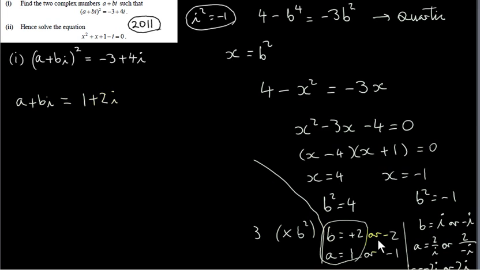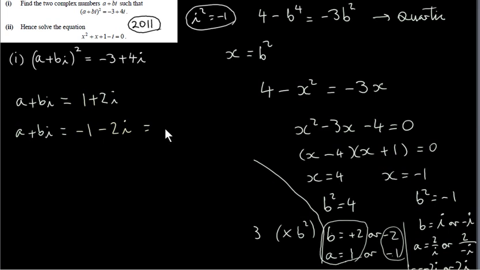We also have that if b is minus 2, a is minus 1. So here's another possibility. a is minus 1, b is minus 2. Now it's no surprise here that this complex number is got by getting the negative of this complex number, because when we square both of these, we'll get the same answer.